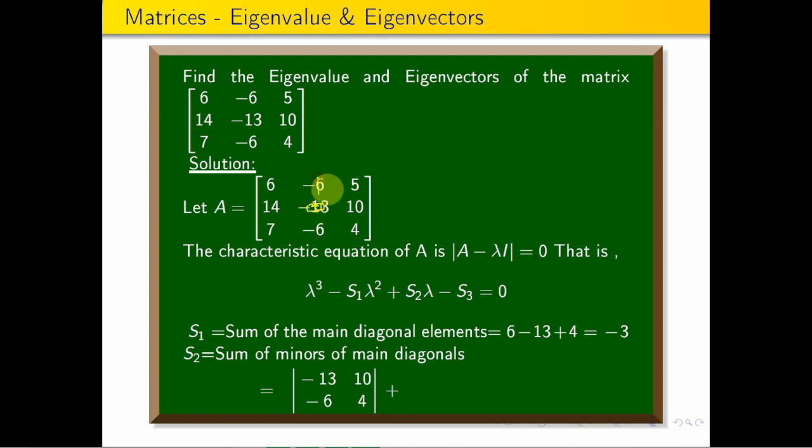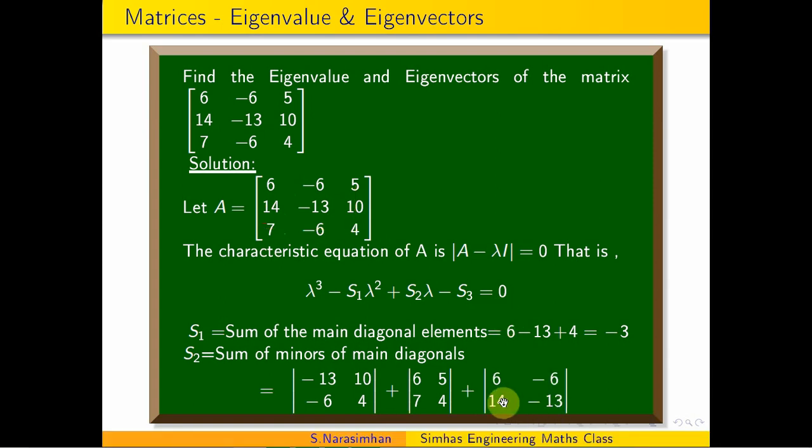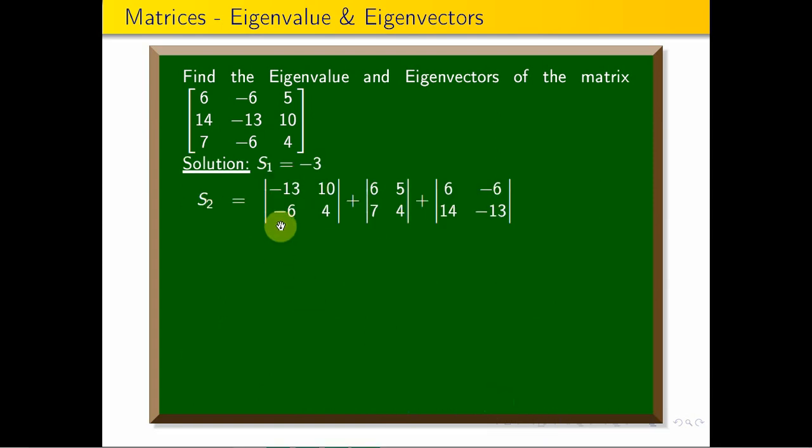Close its column and row, then we have the determinant of 6 5, 7 4. The next element is this one. Close its column and row, we get the determinant of 6 minus 6, 14 minus 13. We want to find the determinant value of these.